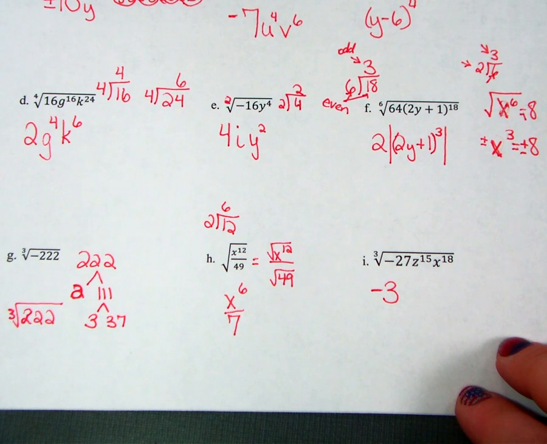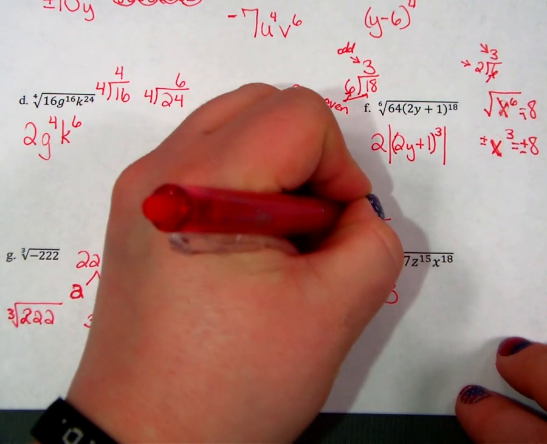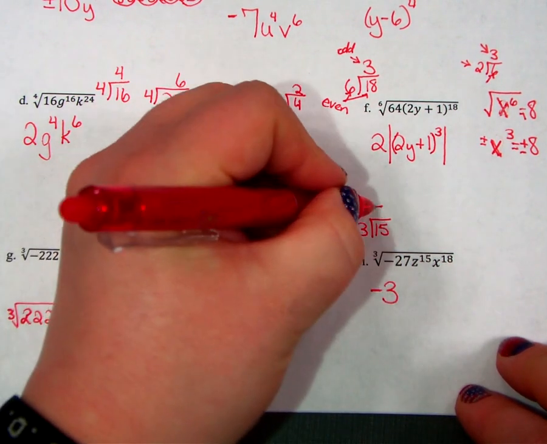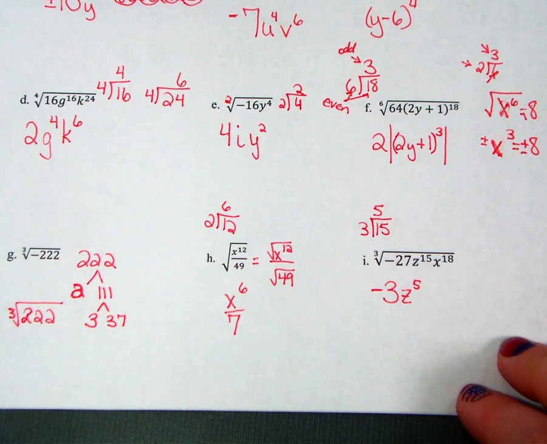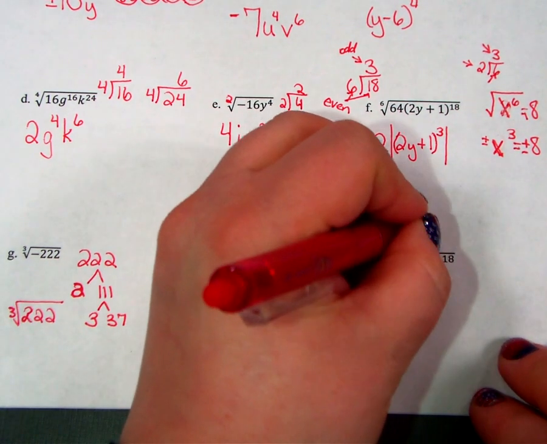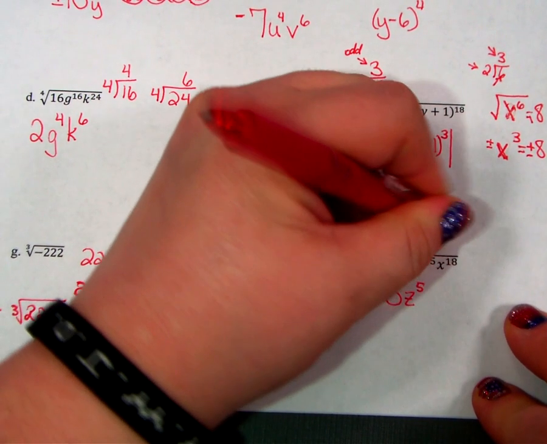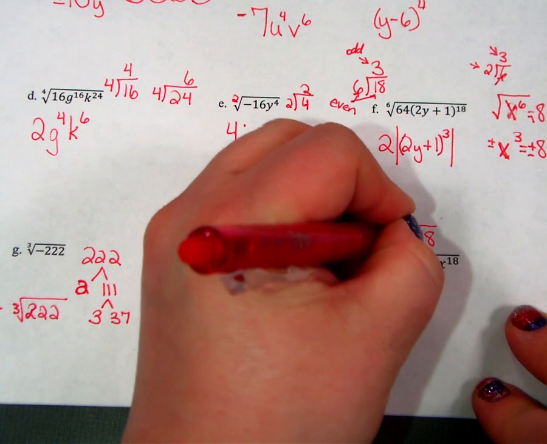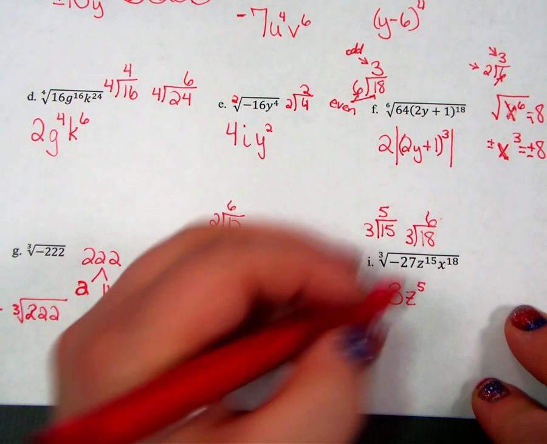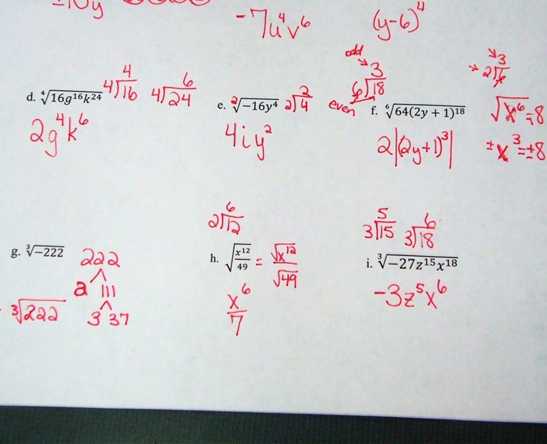So now we're dealing with the 15 and the 18 exponents. So 15 divided by 3 is 5. So z to the 5th comes out. And x to the 18th means that I need to do 18 divided by 3. And that's 6, so x to the 6th comes out.